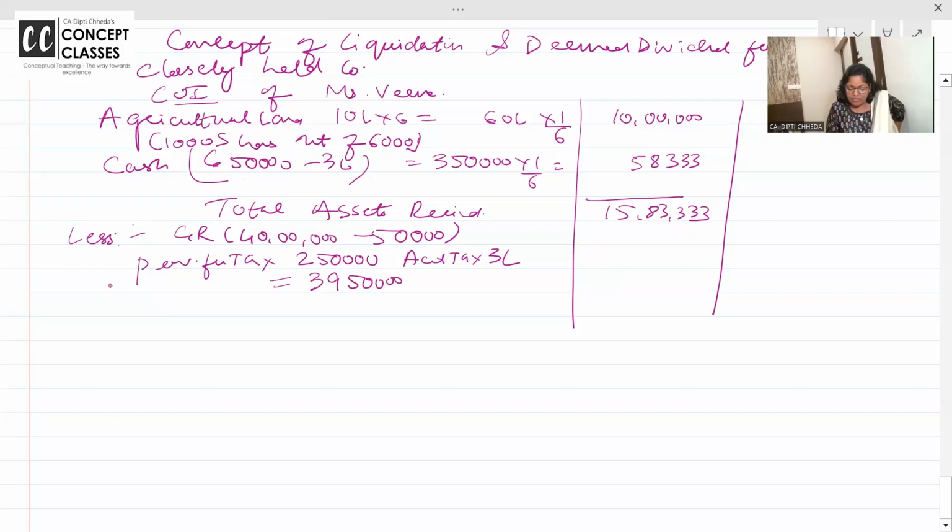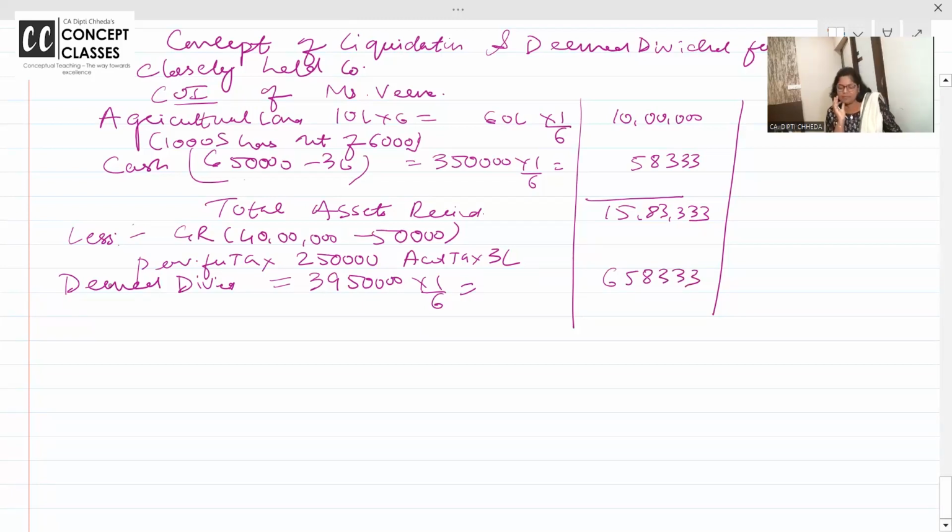Now, though you have got assets, land and cash from the company, out of that, 1/6 of the reserves, whatever you have got, tax it as deemed dividend. Do it: 6,58,333.